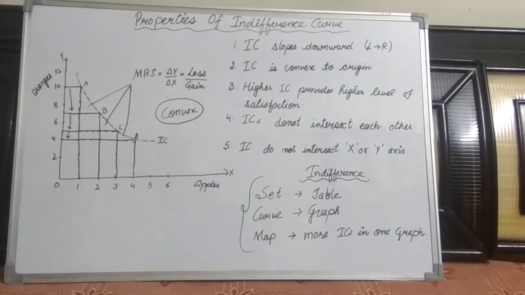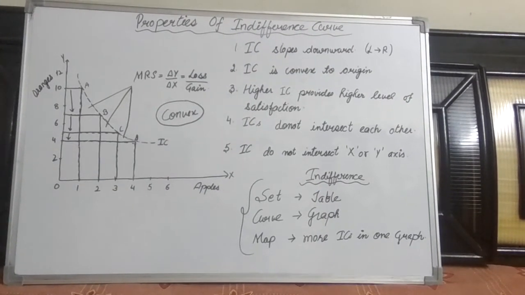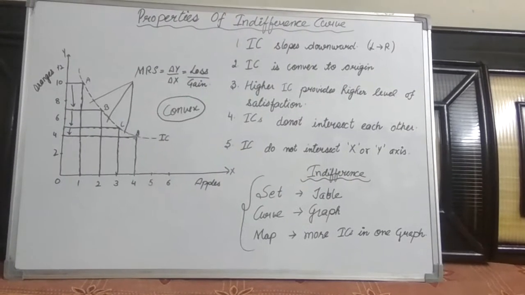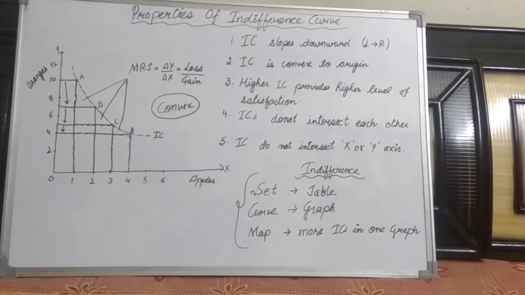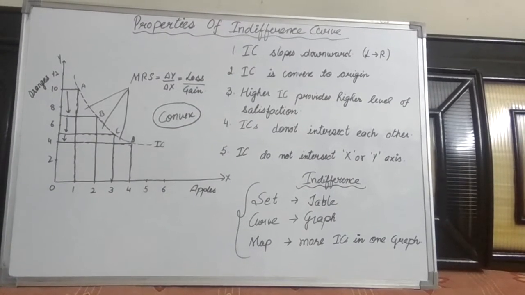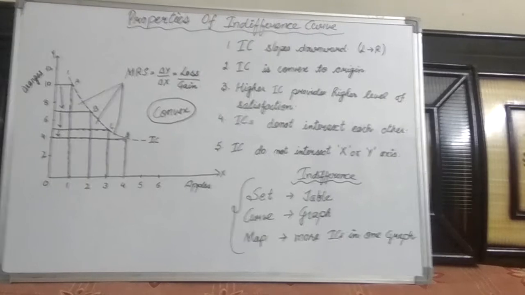Because of this, the consumer has to sacrifice some units of good y in order to get more of good x. So these reasons provide a downward sloping indifference curve.